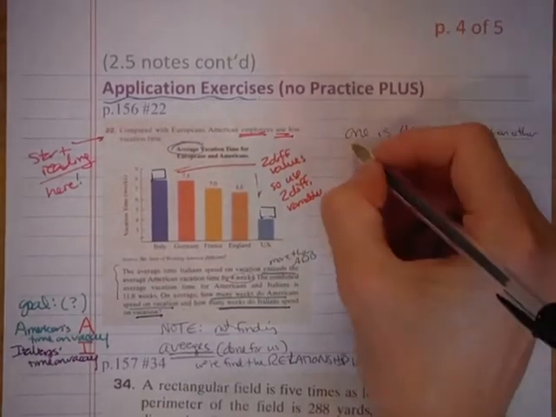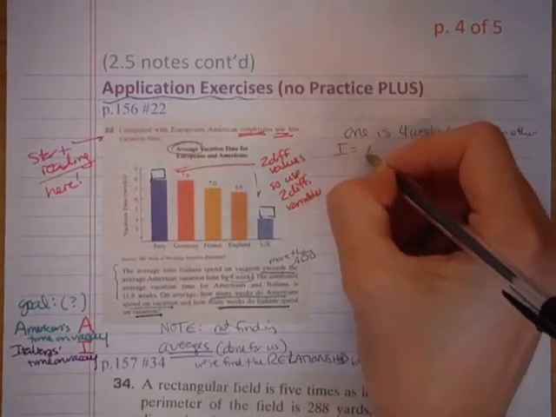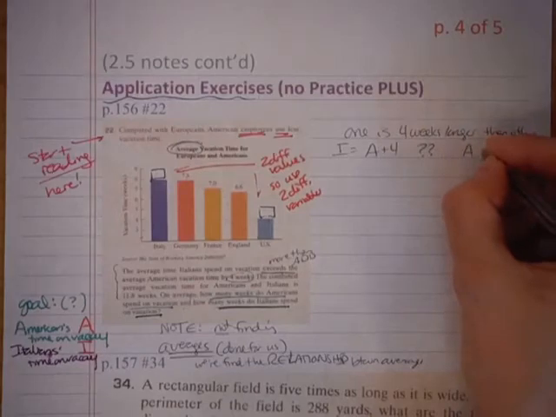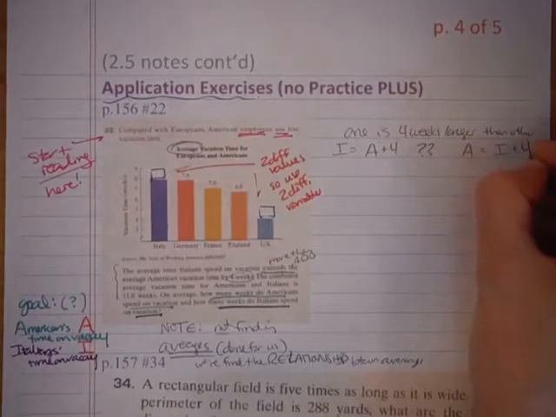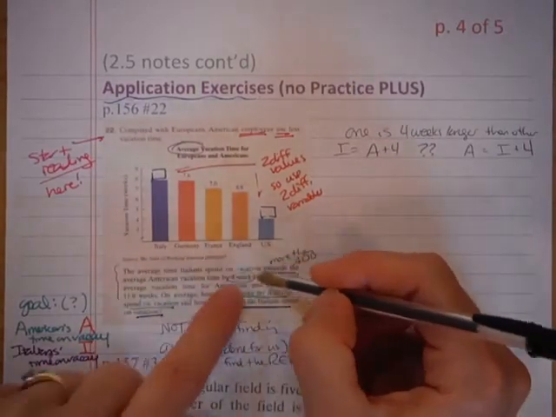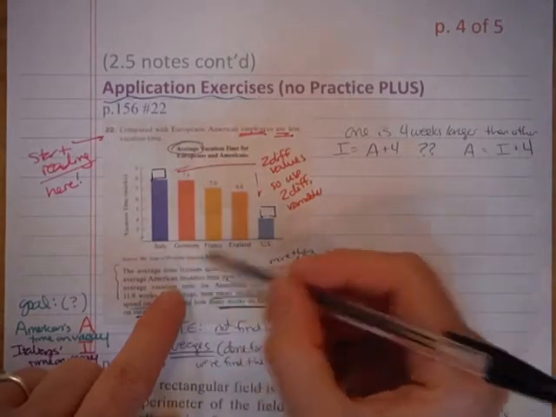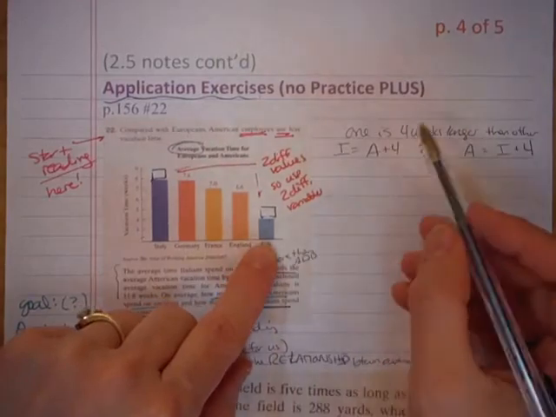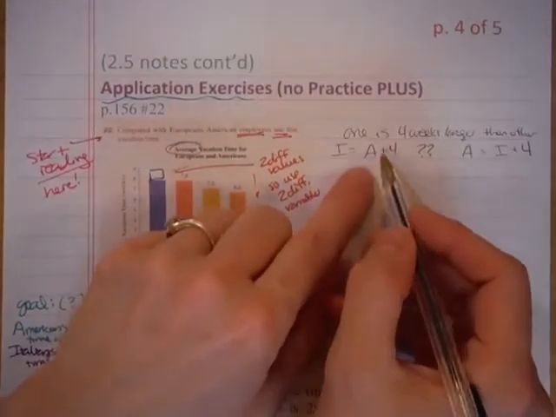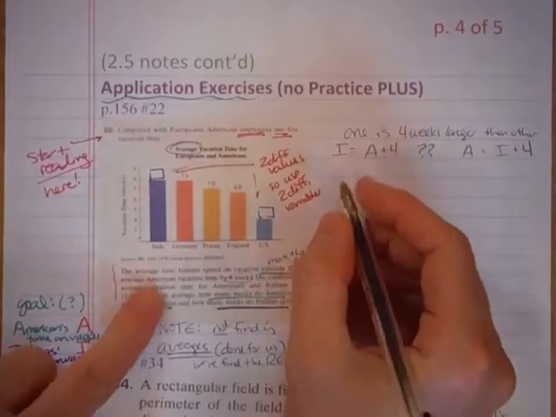But is it that I is equal to A plus 4, Italians is equal to Americans plus 4, or is it that the Americans is the Italians plus 4? Well, it says that the Italians exceed the Americans by 4 weeks. So that means the Americans are smaller. The Americans are less. So if the Americans are less, we can't add 4 to the Italians and get Americans. We'd have to add 4 to the Americans and get Italians, okay?